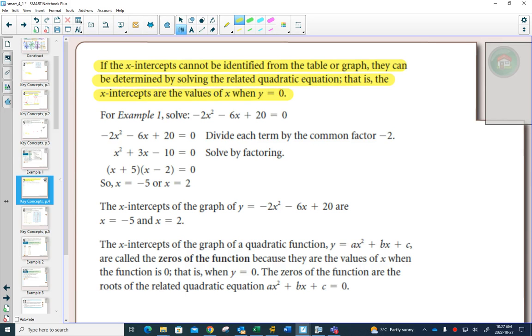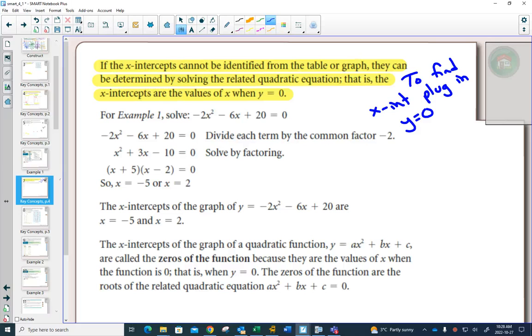If you want to find your x-intercepts, plug in 0 for y. That's always how you find an x-intercept, because if you think about the point on your graph, the y-coordinate of an x-intercept is always 0. So algebraically, if you want to find an x-intercept, you plug in 0 for y.